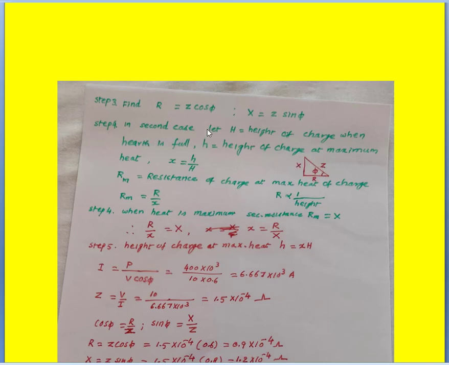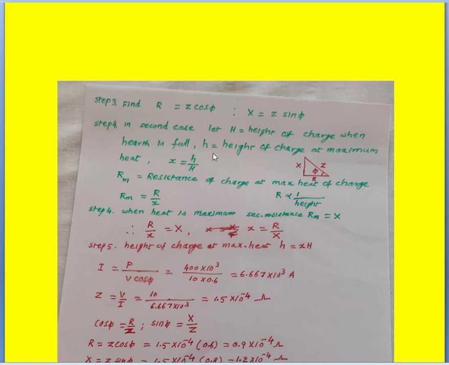Next, step 4. In the second case, let capital H be the height of the charge when the hearth is full. Then let small h be the height of the charge corresponding to the maximum heat.